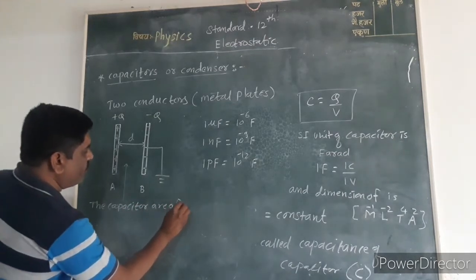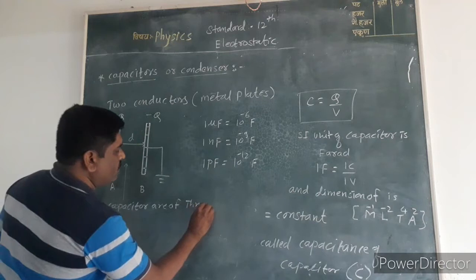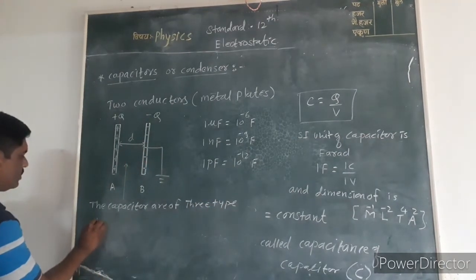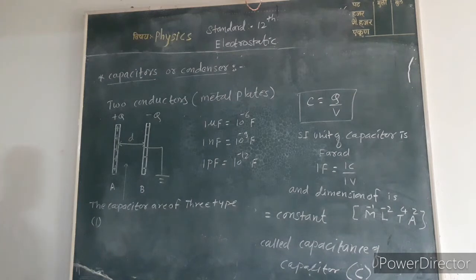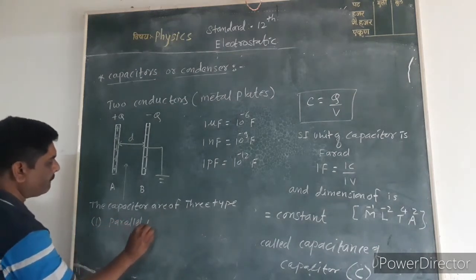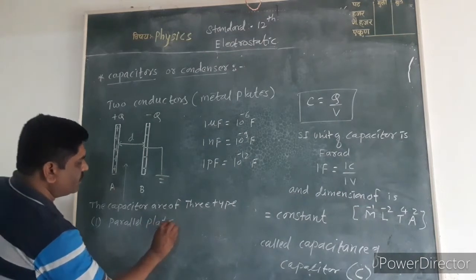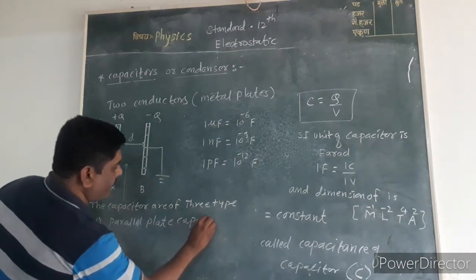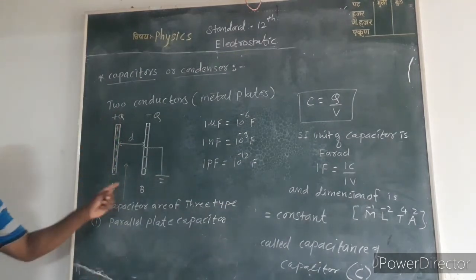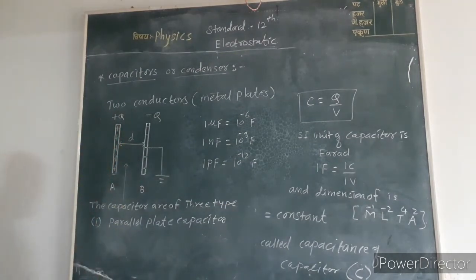The capacitors are of 3 types. First is the parallel plate capacitor.